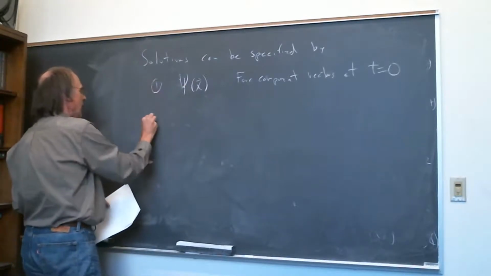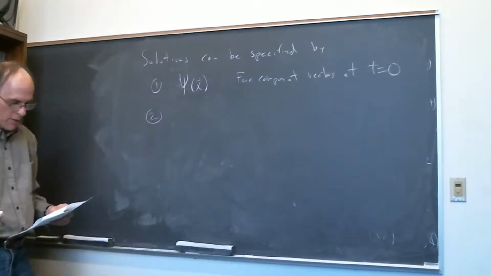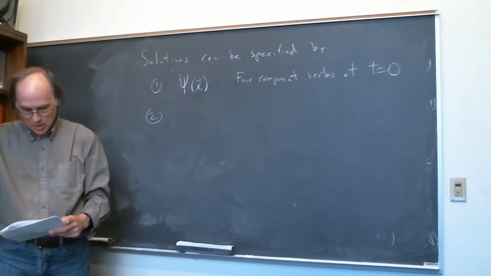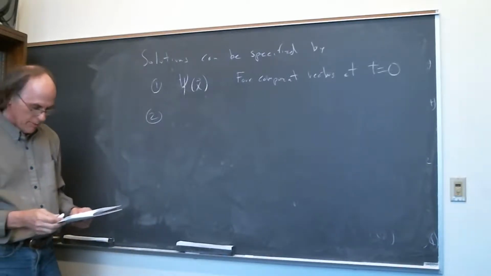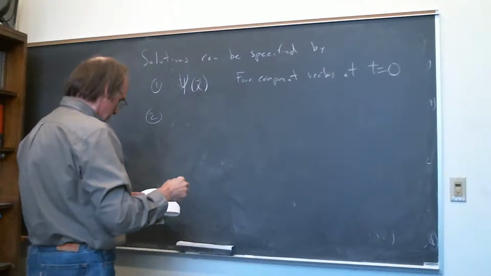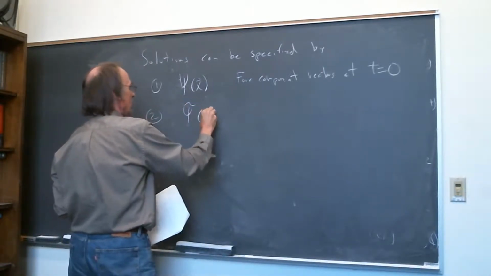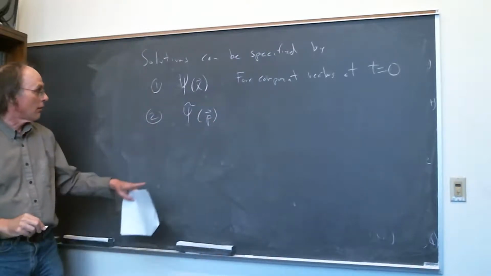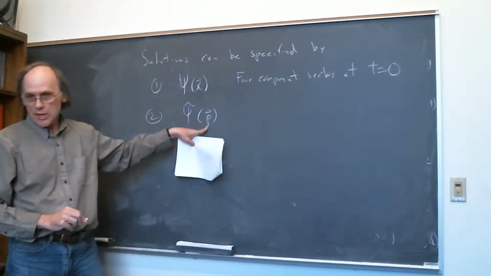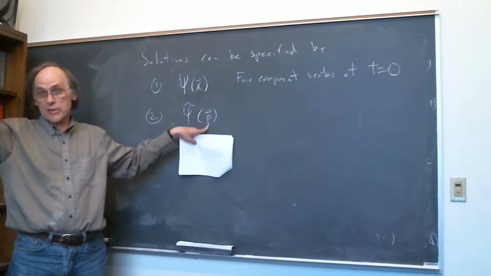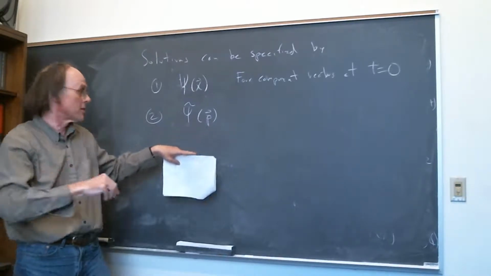But now, if you Fourier transform it, now your problem is that for each p vector, you have two possibilities. You're going to have positive energy solutions and negative energy solutions.